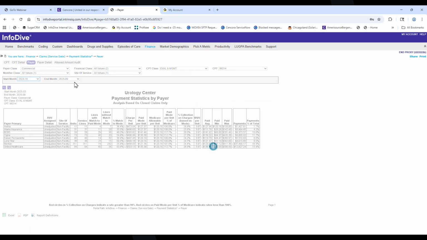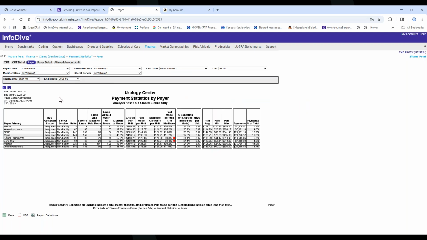You could select whatever you wanted in this filter. Now I can see how I'm getting paid on my 99214s in the recent 12 months. I can see what my paid mode was, what my Medicare allowable is, and then the paid average, the paid minimum, and how many times they're paying me the mode.